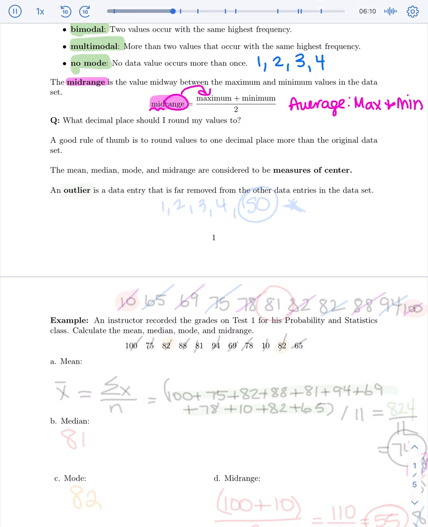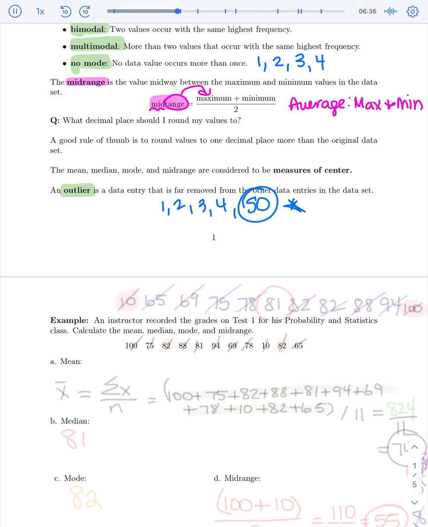This term we're not going to really use a lot, but here it is. An outlier is a data entry that is far away from everything else. A good example would be if I gave a data set like 1, 2, 3, 4, and then 50. 50 is going to be your outlier because it's so far away from everything else in your data set.